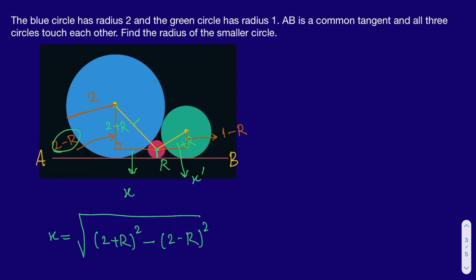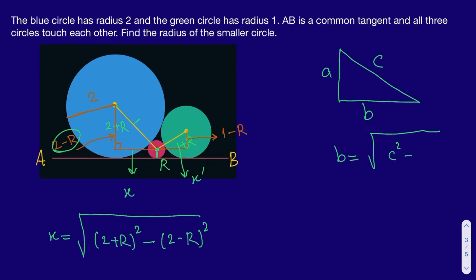And to remind you of the Pythagorean theorem, in a right triangle, if it is C, A, B, then B will be equal to the square root of C to the power of 2 minus A to the power of 2. This is what we are doing right now.